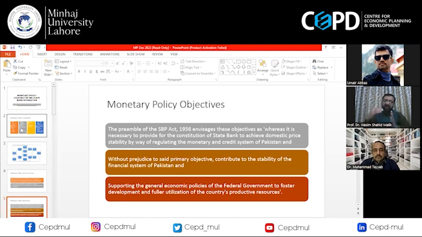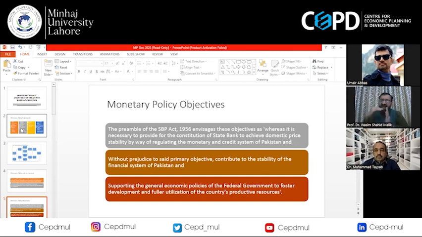And then after price stability, we can look at other objectives as well. That is, without prejudice to the primary objective, which is price stability, contribute to the stability of the financial system of Pakistan. So the second objective is financial stability, or financial system stability. And then supporting the general economic policies of the federal government to foster development and fuller utilization of the country's productive resources.